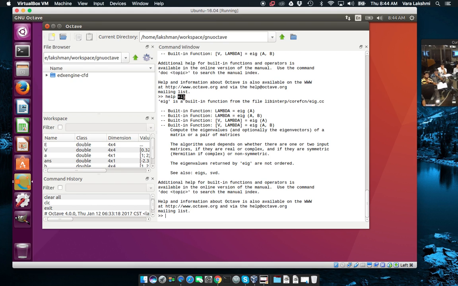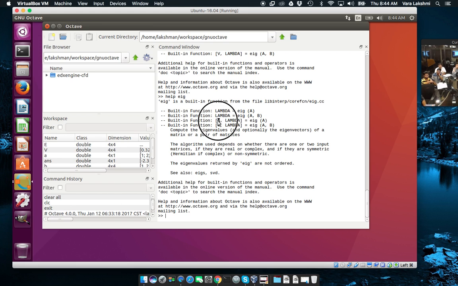It tells us it computes the eigenvalues. It returns two outputs, v and lambda, and if you are not asking for two outputs, it returns by default only one output. What v and lambda are is not written here correctly.